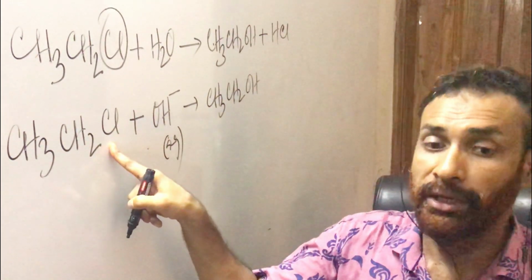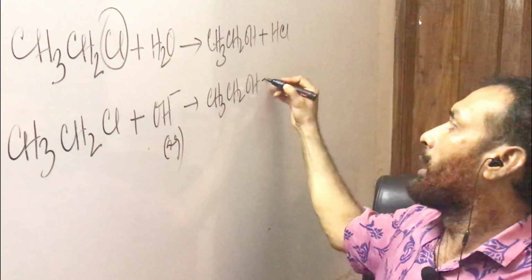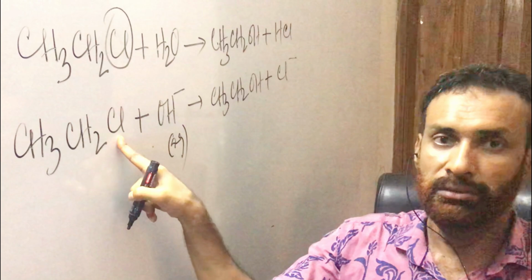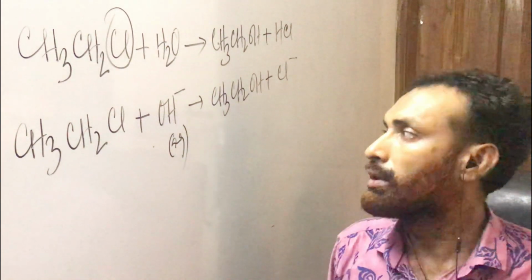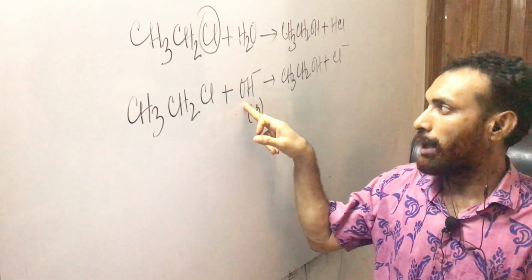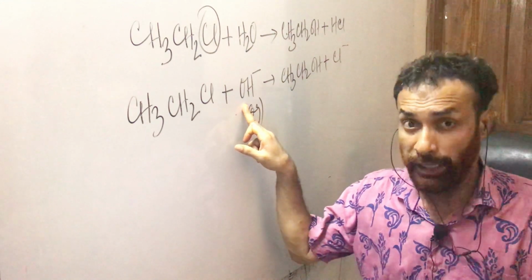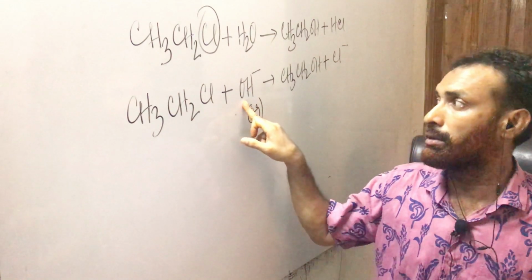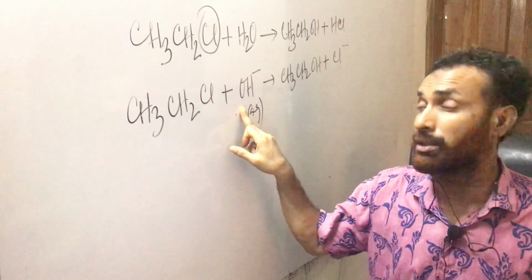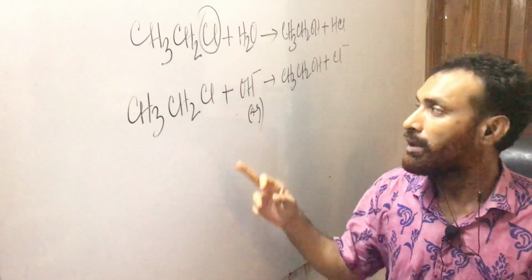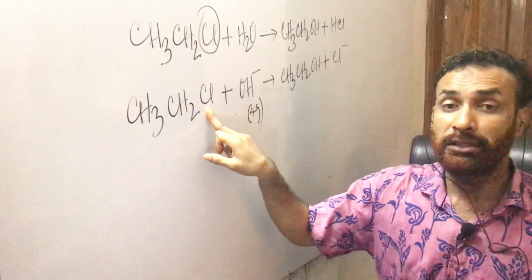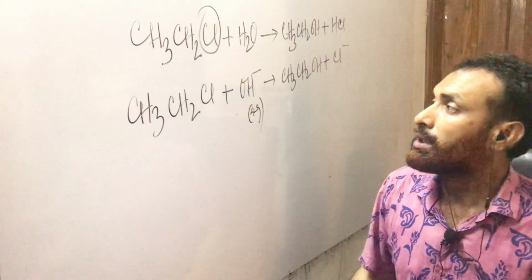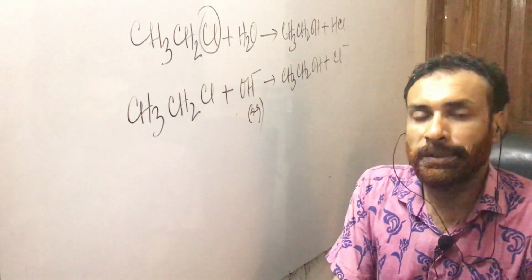This OH has substituted the chlorine, and this time you get chloride, the halogen as a halide ion. Secondly, if sodium hydroxide or any other hydroxide was there, that means it contains a metal. The metal ion must be there with OH, which cannot be alone. That metal ion combines with the chlorine and forms sodium chloride. So these two are substitution reactions.